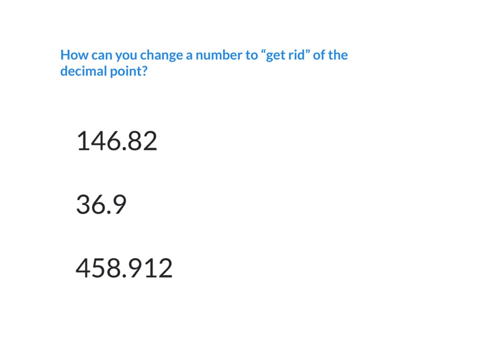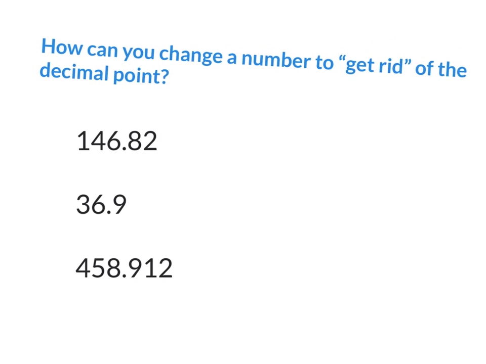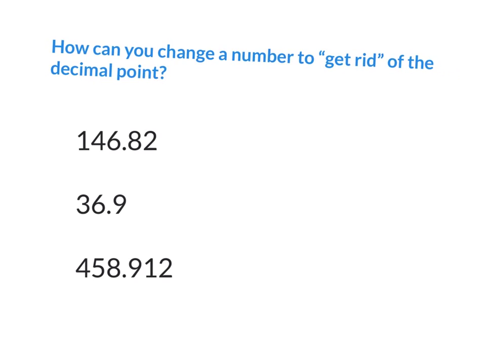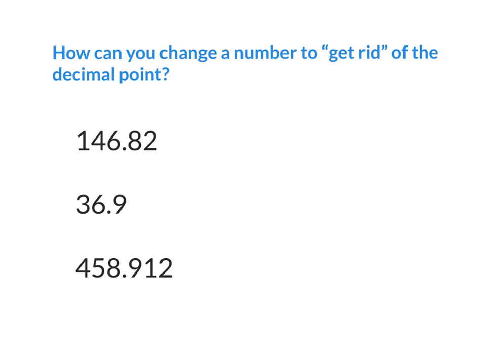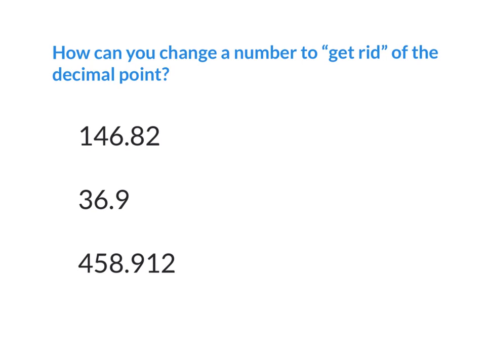Today I want to start by talking about how we can change a number to get rid of a decimal point. If I have a number like 146 and 82 hundredths, can I just say, you know what? I want to make that a whole number. I'm just going to get rid of this decimal point. Can we do that? No. What's one way we've learned that you can get rid of the decimal point? Niv? You can write the first digit as value.